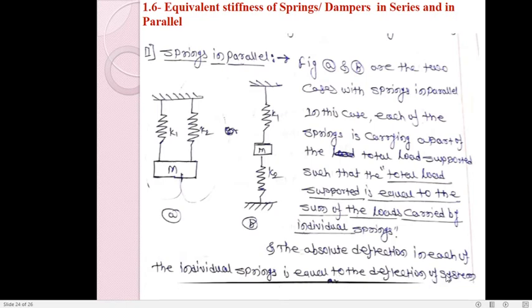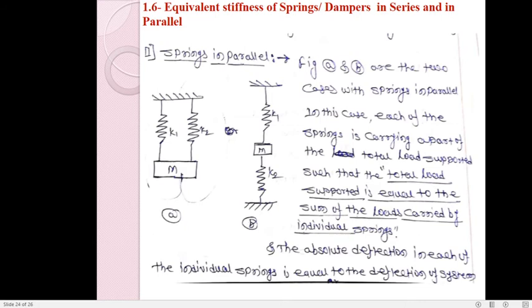Whatever the deflection of the total system is, both springs show the same deflection, so delta is equal to delta 1 is equal to delta 2, where delta 1 is the deflection in spring 1 and delta 2 is the deflection in spring 2.